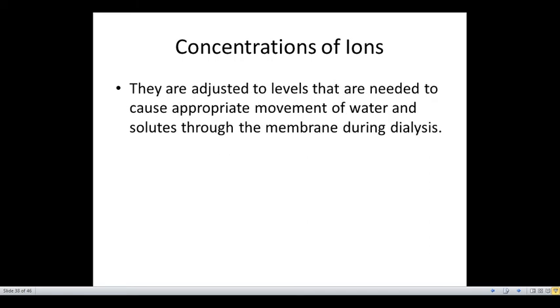They are adjusted to levels that are needed to cause appropriate movement of water and solutes through the membrane during dialysis.